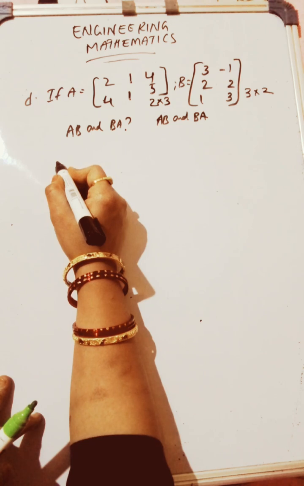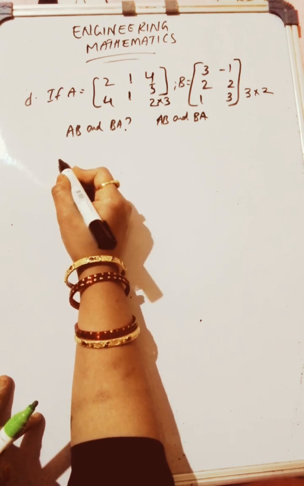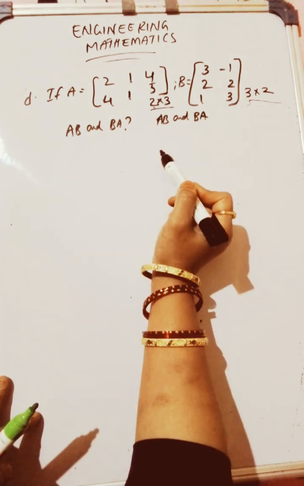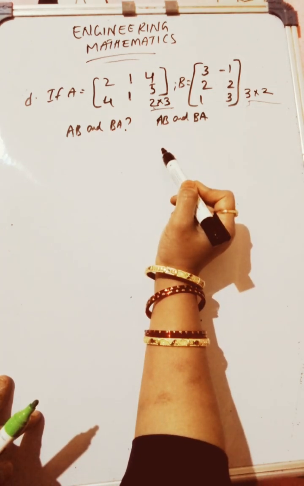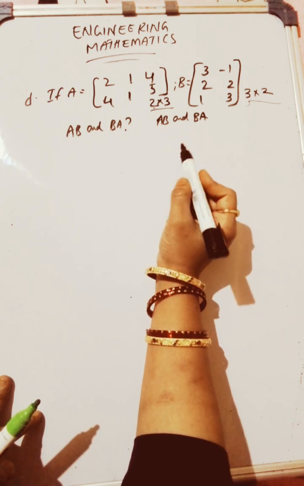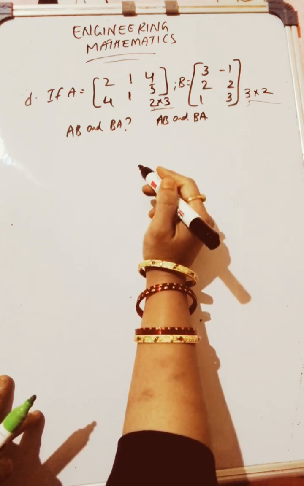Now consider AB is 2 by 3 into 3 by 2. Here the number of columns of matrix A is 3 and the number of rows of matrix B is also 3. Hence we can perform AB. Also the order of AB is 2 by 2.